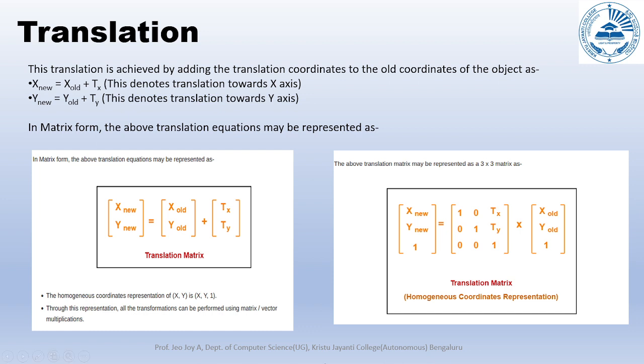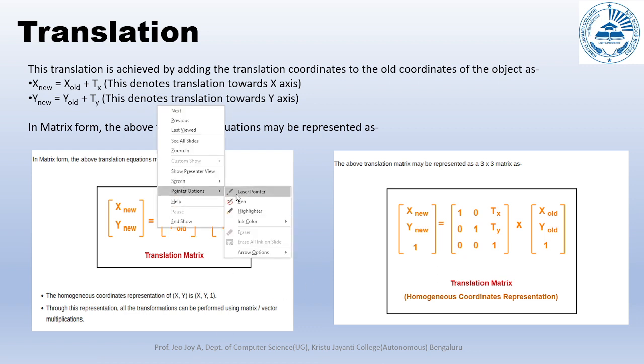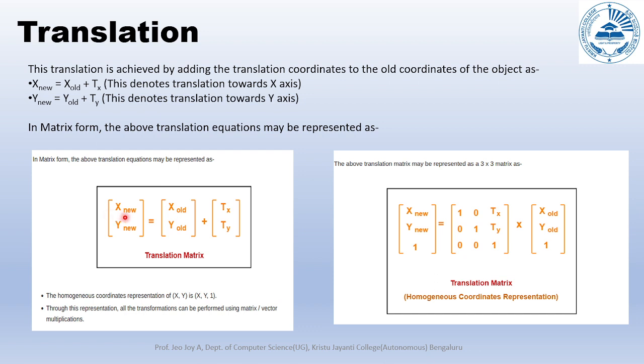We can see the matrix representation here: the column matrix x new, y new, representing the translated x ordinate and y ordinate, is equal to the column matrix x old, y old added with the translation column matrix, that is tx and ty.